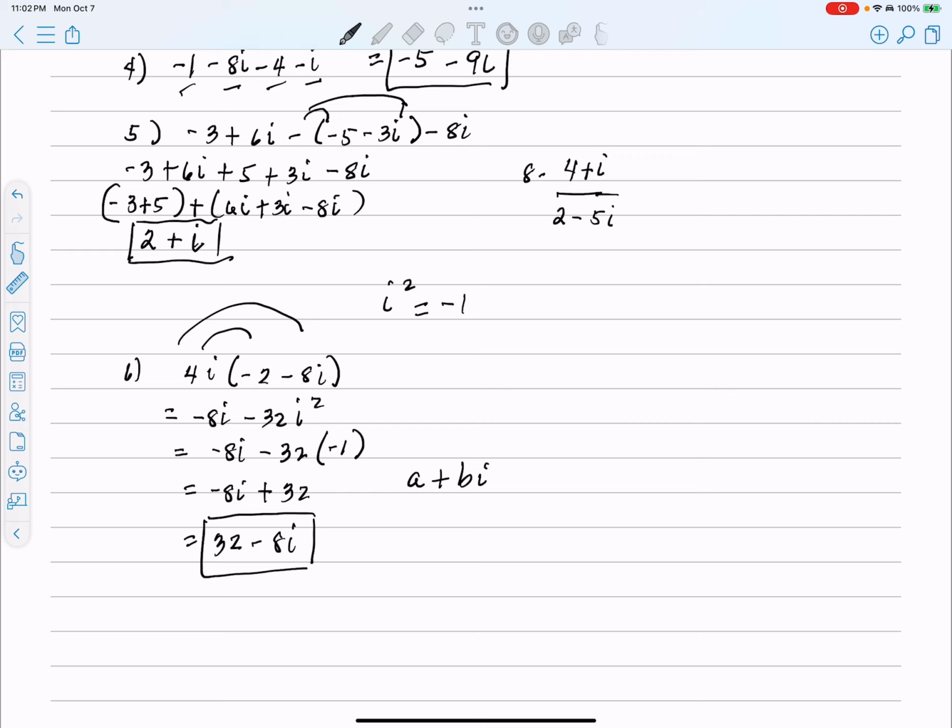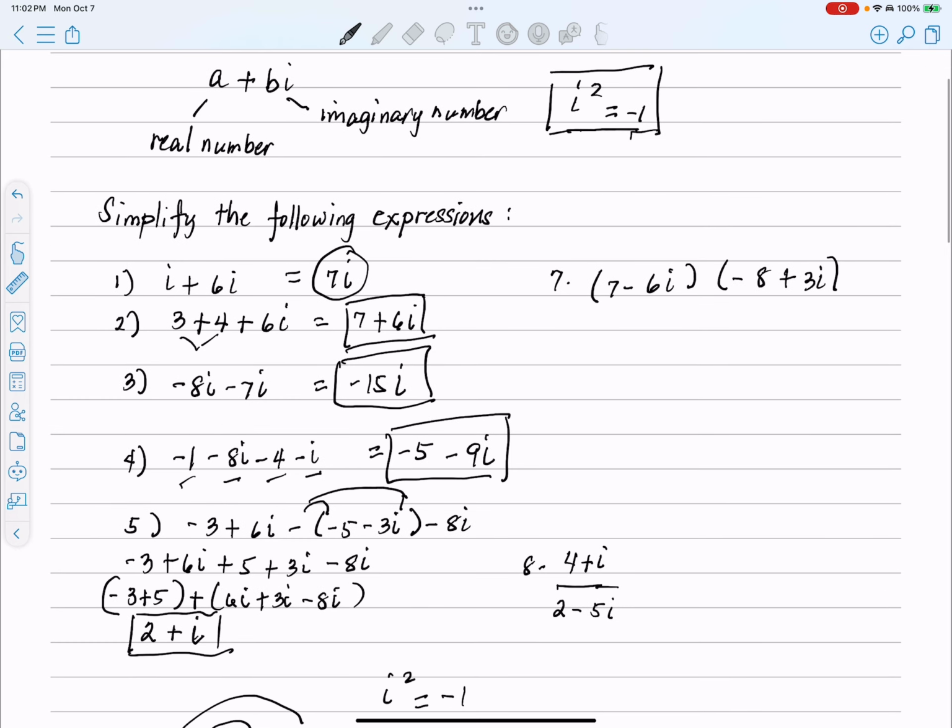Let's have number 7. We are multiplying binomial complex numbers. The quantity of 7 minus 6i times the quantity of negative 8 plus 3i. Let's do FOIL. FOIL means first to first.